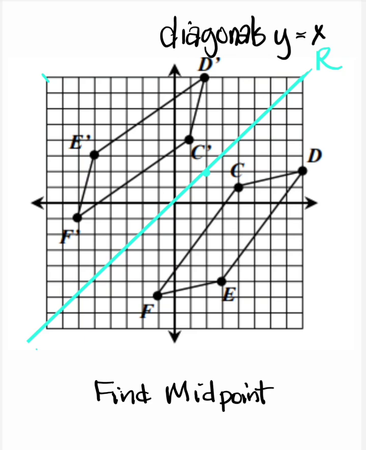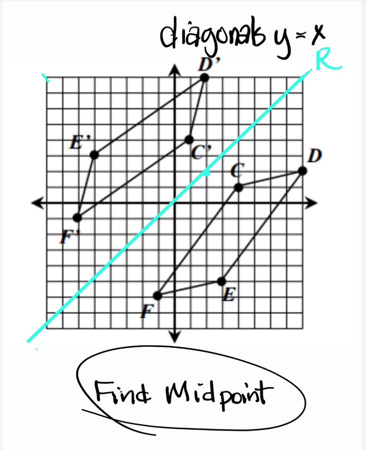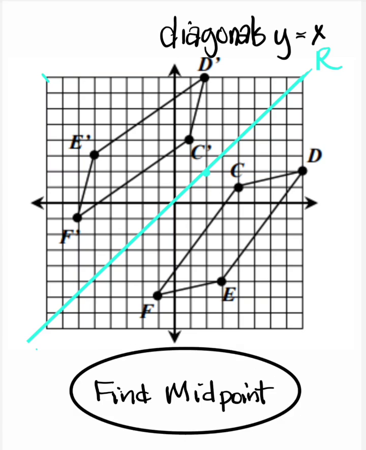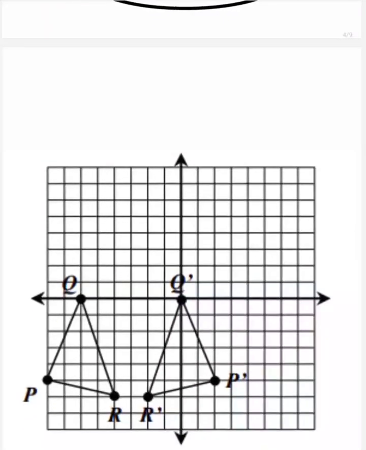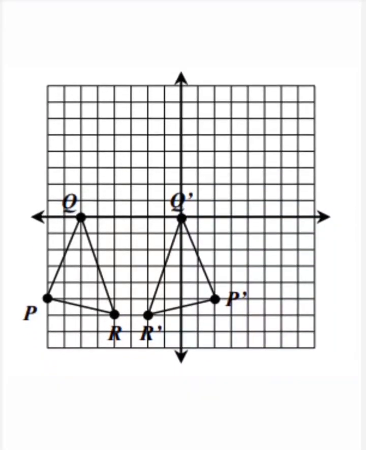All right, so let's try another one. Again, we want to find the midpoint. Okay, so on the next one, let's look for the midpoint. So now this is pretty easy. These are easier to find. See these R's? That's probably the easiest place to find the midpoint. There is our midpoint between the pre-image and the image.